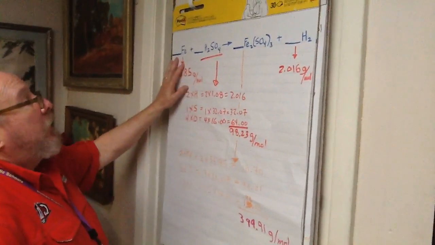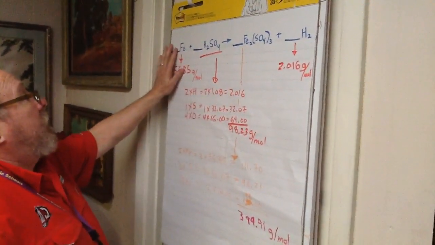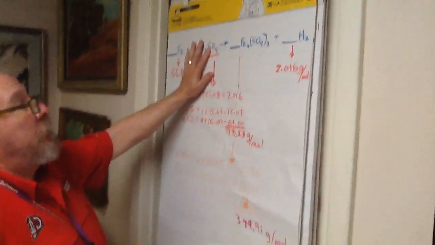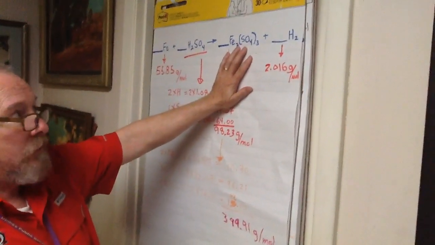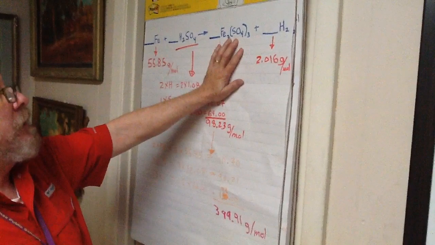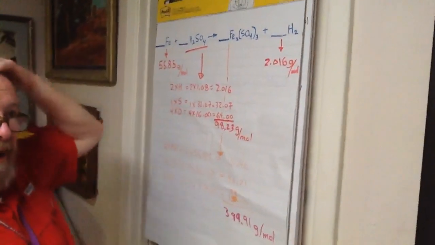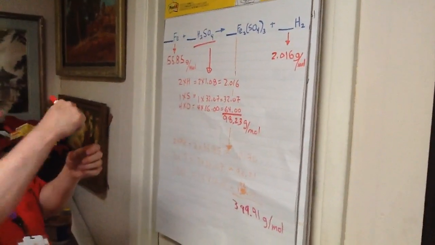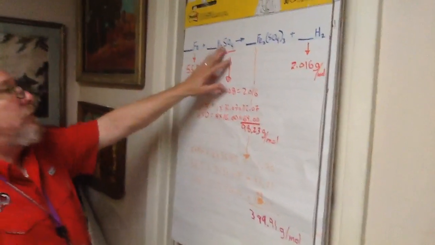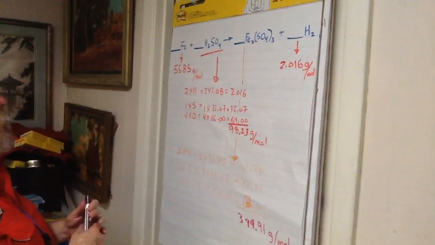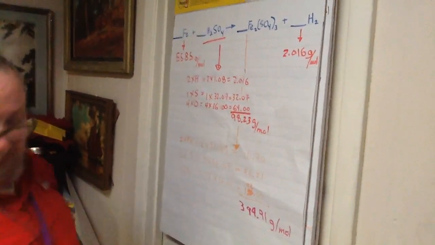But here we're looking at a reaction where we dissolve iron into sulfuric acid, make a salt, iron 3 sulfate, and a gas. Little bubbles of gas come out when you drop a piece of iron into a solution of sulfuric acid, especially concentrated sulfuric acid.